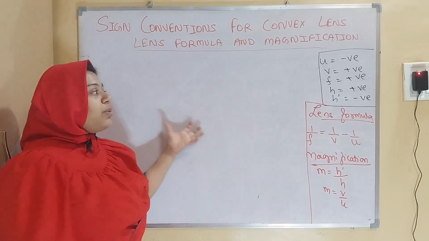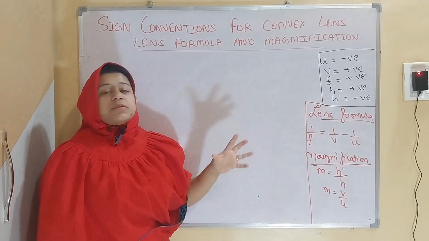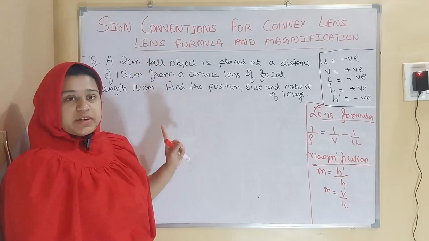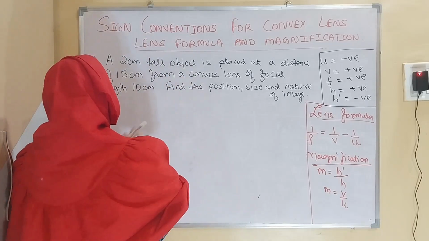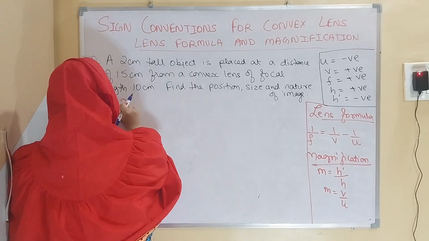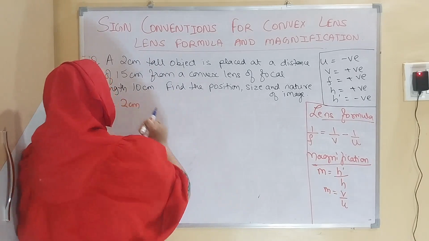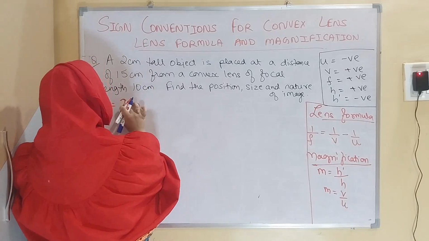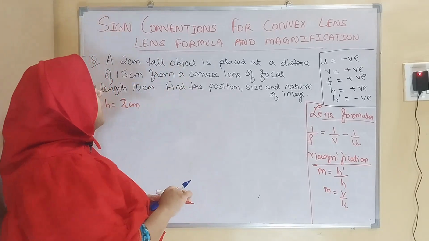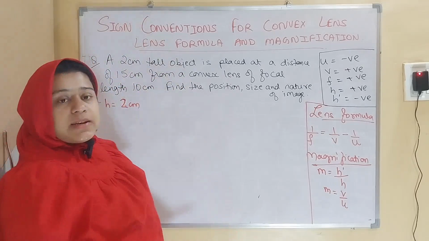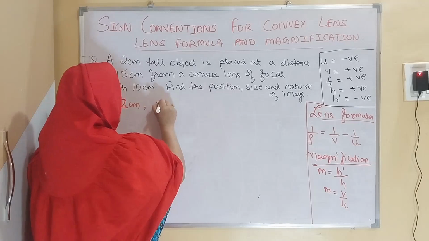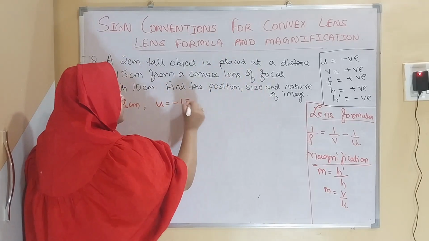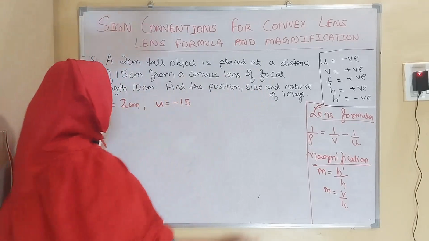Now we are going to do a numerical so that all the terms are very clear. Question is, a 2 centimeter tall object, means the height of object h is 2 centimeter. The sign for height is positive, so it will be plus 2 centimeter. It is placed at a distance of 15 centimeter, means this is the object distance. u is 15, the sign for u is minus, so minus 15 centimeter.